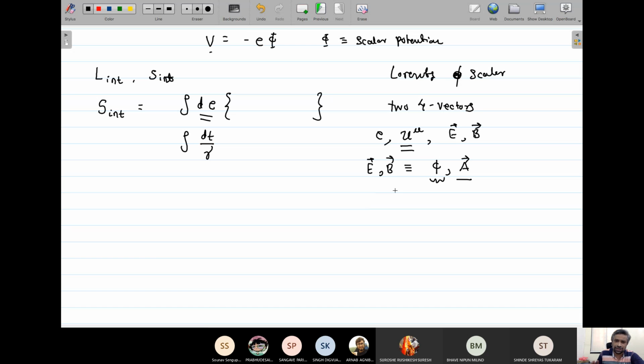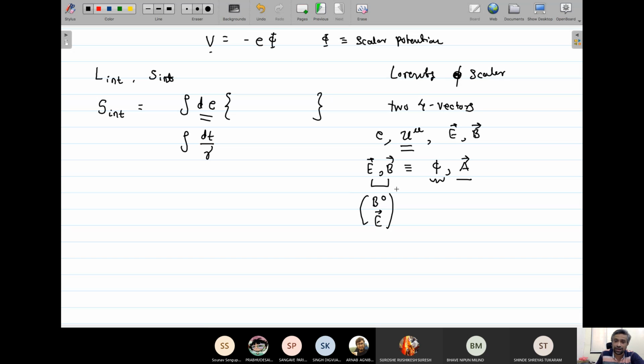Now I need to construct the 4 vector. I cannot construct a 4 vector out of E and B which takes into account both the electric field as well as the magnetic field. If I try something like this, it will not form a 4 vector, because where are the other 3 components of B?